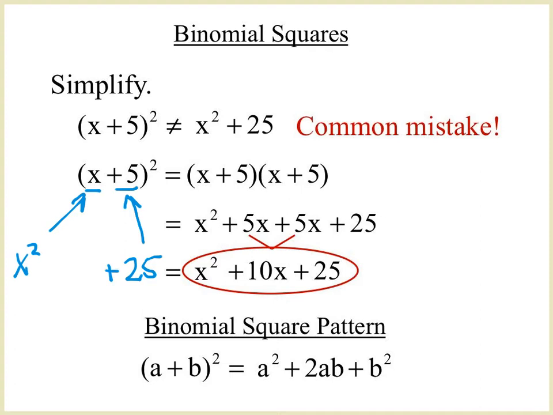When I multiply those two together, I get plus 5 times x times 2. 2 times 5 times x. Here's where you get the 2 times. It's 2 times this same middle term. So it's twice when you multiply those two together.